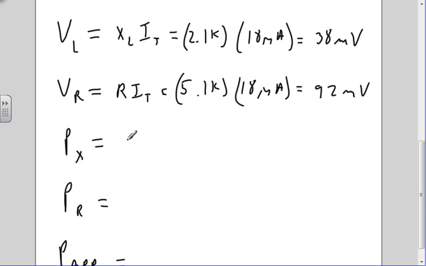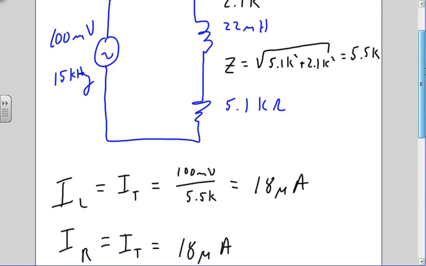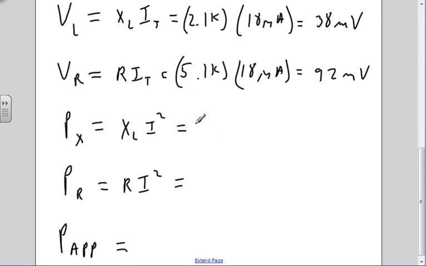Power is X I squared, so that'd be X sub L I squared. This would be R I squared. Okay, so X of L, 2.1K, the current is 18 microamps, that is squared.